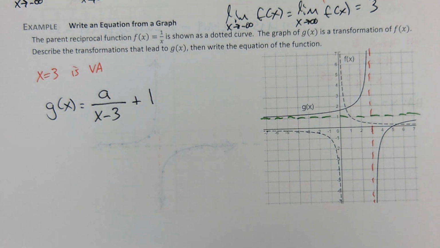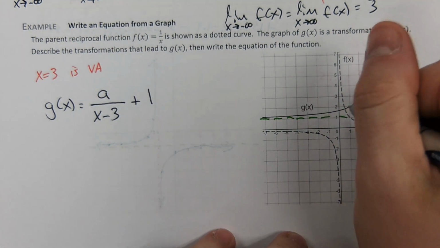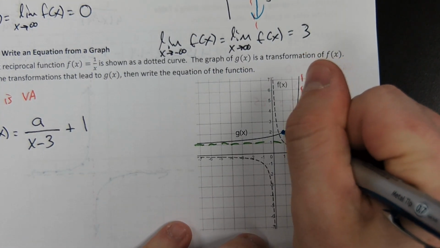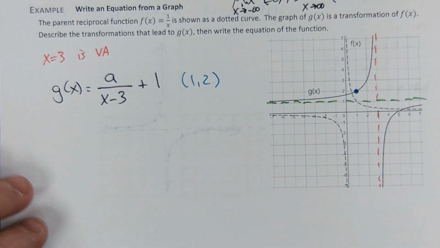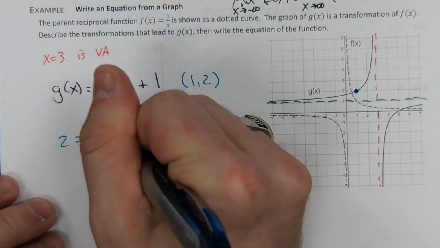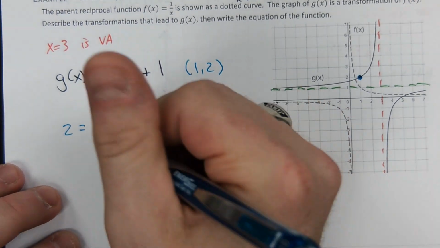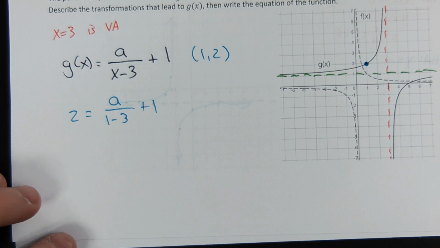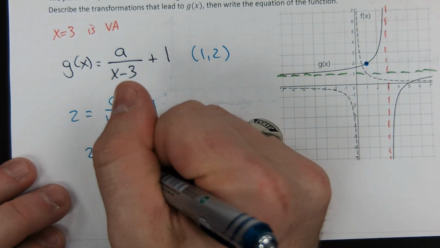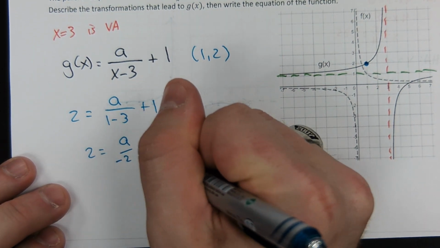What's that? (1, 2). So it looks like it goes through (1, 2). Looks that way. Let's see what happens. Let's plug those in. 2 equals a over 1 minus 3, plus 1. Okay. 2 equals a over negative 2, plus 1.